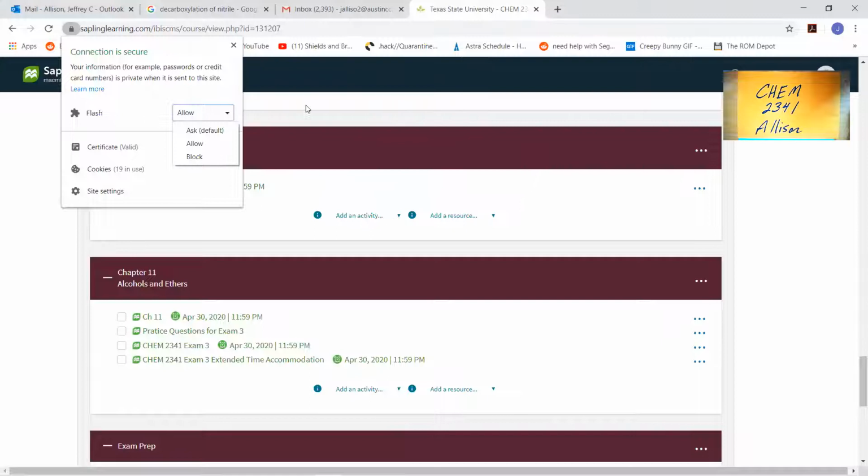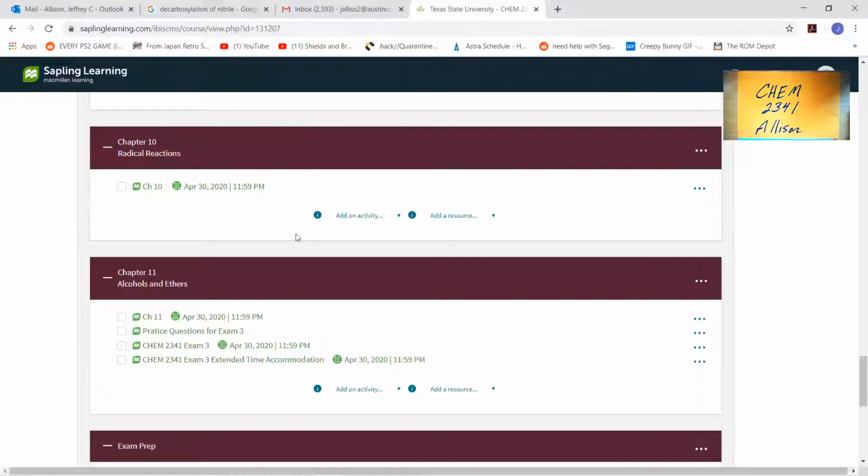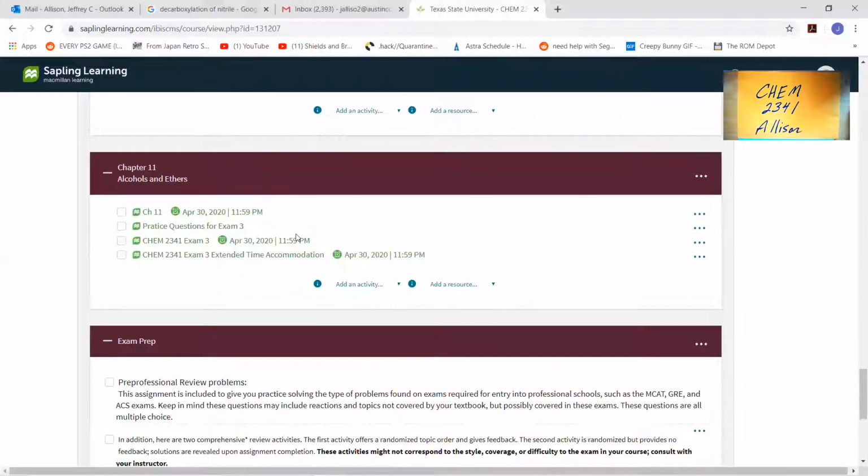Chrome generally requires that you ask for permission each time before allowing it to run automatically. So make sure that's clicked to allowed, and then once that's done, it should be able to work okay. If you're still having issues with this, please reach out to the support hotline that I have provided for you. I will send an email out again today with that information to assist you with that.